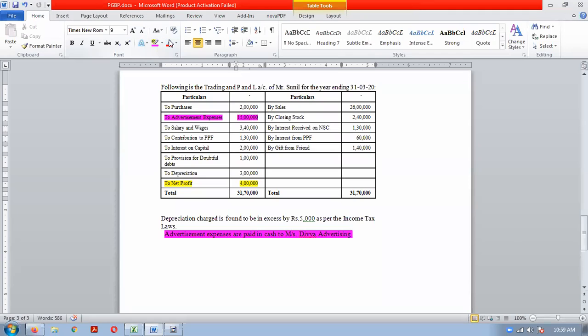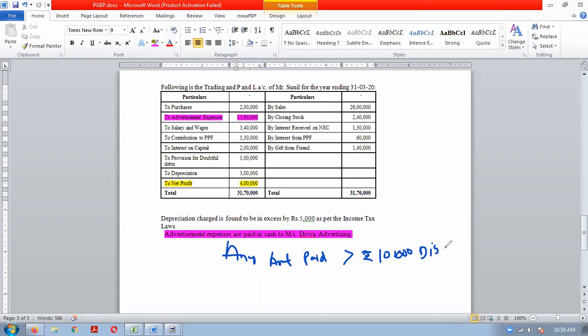And Income Tax Act says that any amount paid in cash exceeding rupees 10,000 will be disallowed.